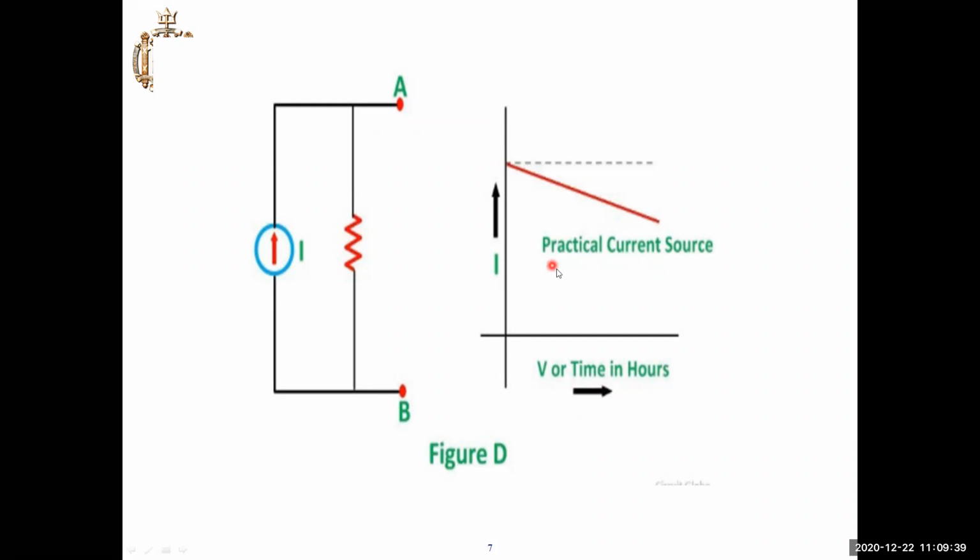Current always passes through the low resistance path. If you maintain high internal resistance here, then only the current passes from source to load. Am I right or not?